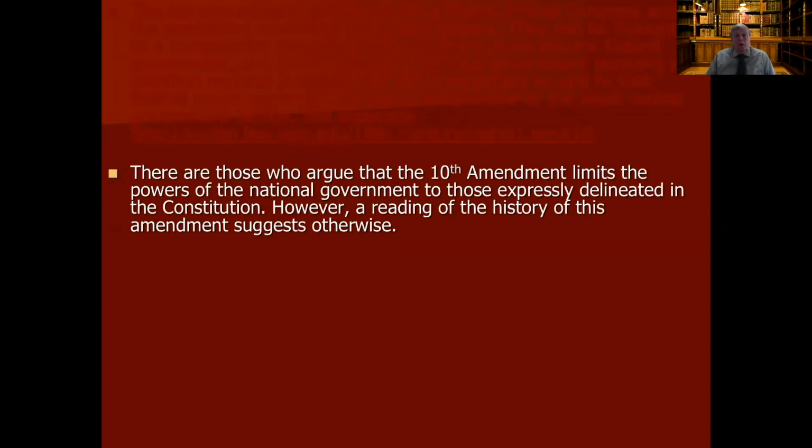There are those who argue that the 10th Amendment limits the powers of the national government to those expressly delineated in the Constitution. Note the word I use here, expressly. However, a reading of the history of this amendment suggests otherwise.